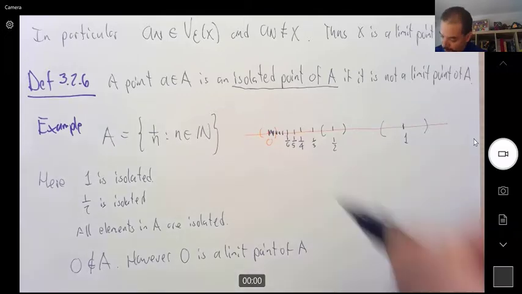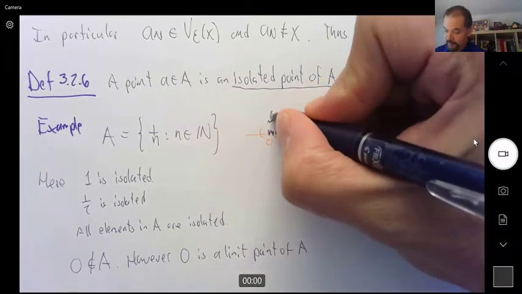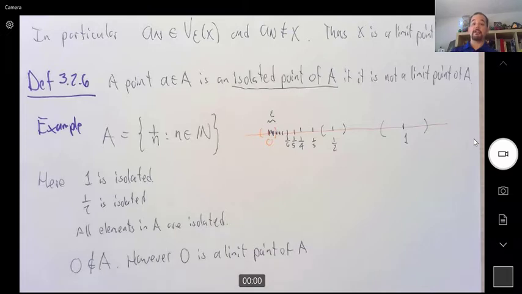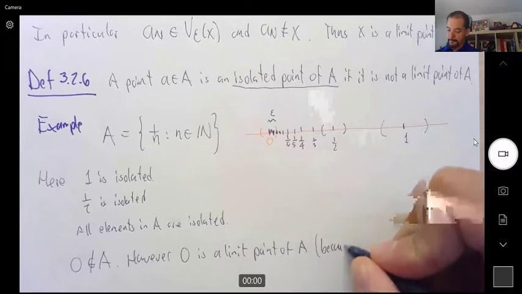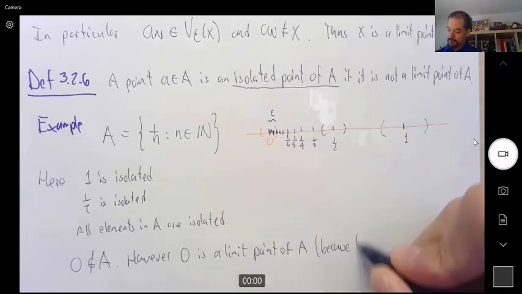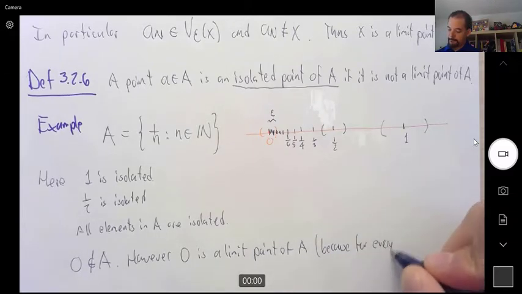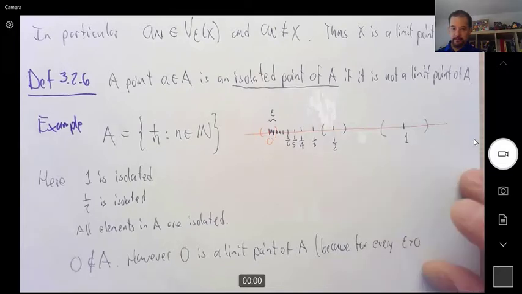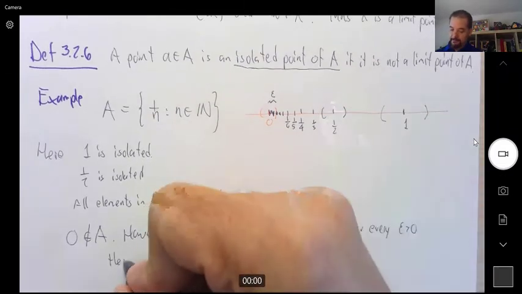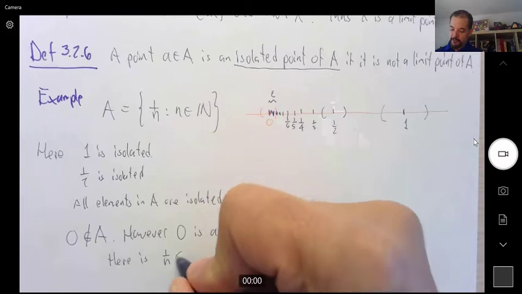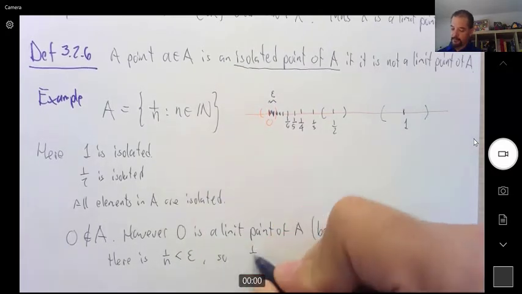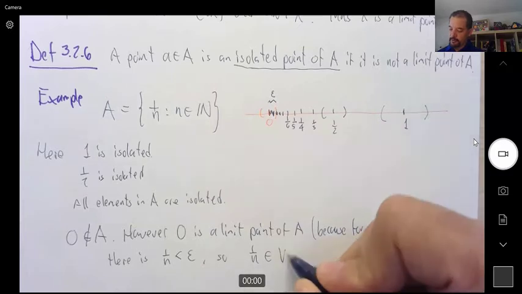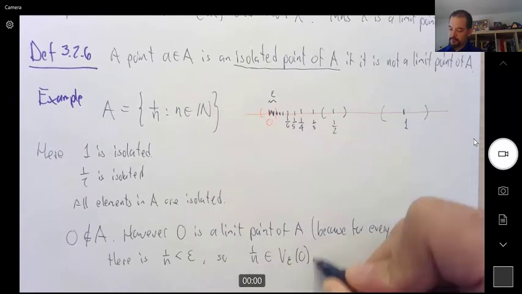No matter how small an epsilon I pick, there will be a 1 over n that is even smaller, right? Because for every epsilon, there is 1 over n smaller than epsilon. So 1 over n belongs to the epsilon neighborhood around 0, intersection A.